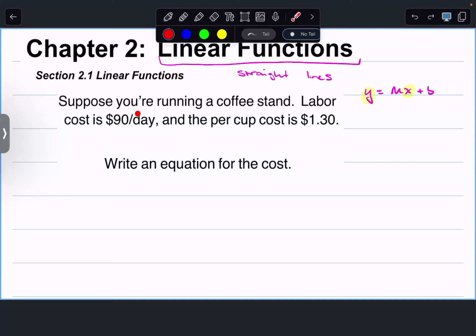If you're running a coffee stand, the labor cost is $90 per day, and the per cup cost is $1.30. So we want to find the cost.